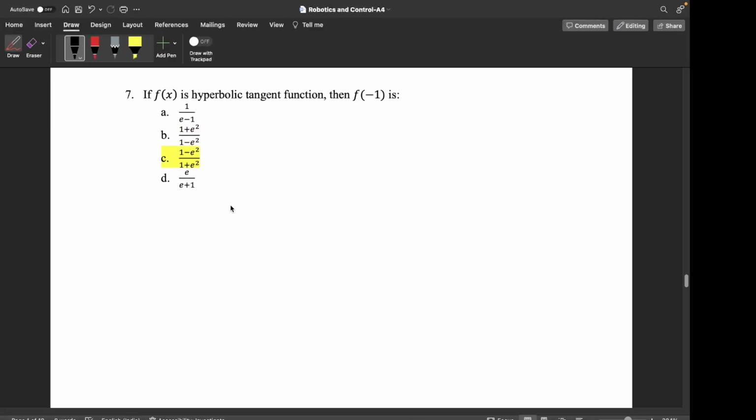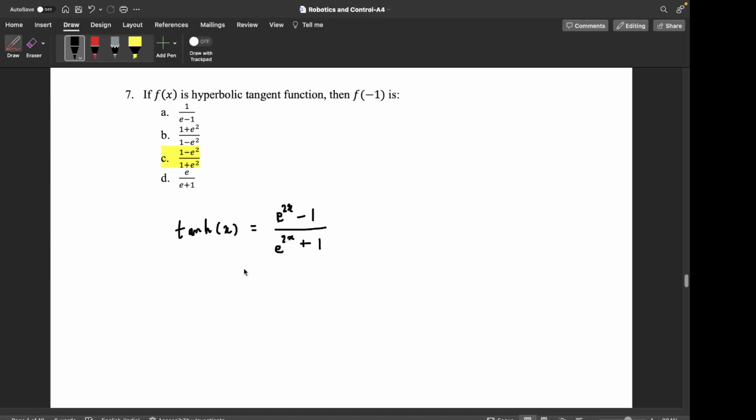This is a pretty straightforward question. The hyperbolic tangent function, as I mentioned, is tanh x, and in terms of exponentials of x, it can be written as e to the power 2x minus 1 by e to the power 2x plus 1.